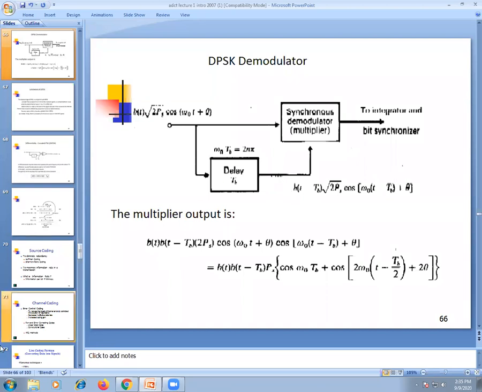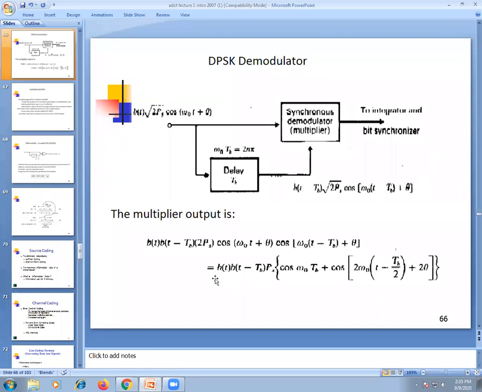So this is the DPSK demodulator. In it, the synchronous detector output is the product of the two signals: B of t, B of t minus T of b, root 2 PS and root 2 PS. That is 2 PS, the root is cancelled, times cos omega naught t plus theta, cos omega naught (t minus T of b) plus theta.